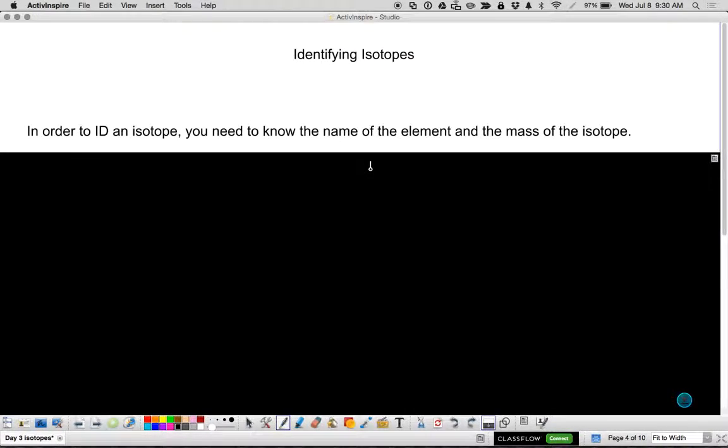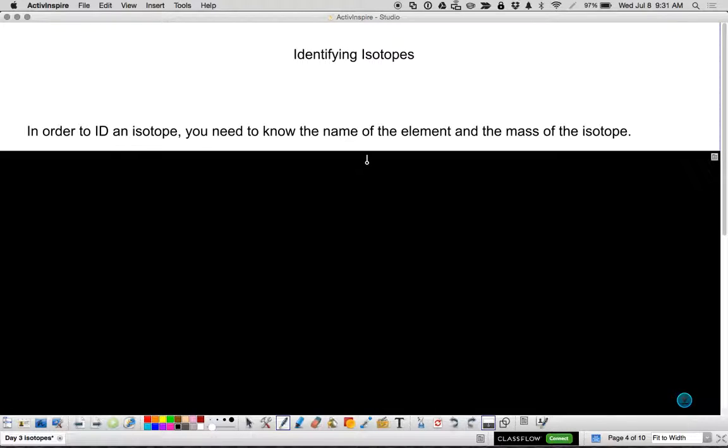In order to identify an isotope, you need to know the name of the element and the mass of the isotope. A lot of people think you need to know how many protons and how many neutrons there are. Well, these things are very small. It's impossible to know how many protons and how many neutrons, because you can't count those things. But you can get a mass.